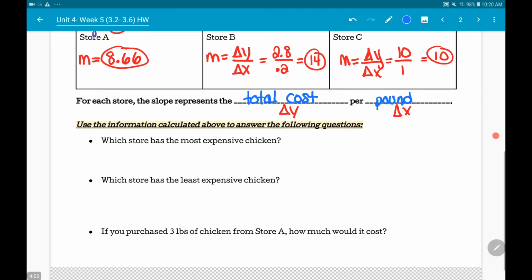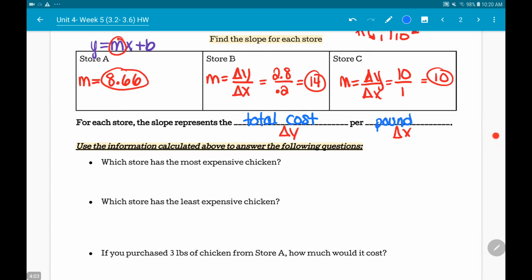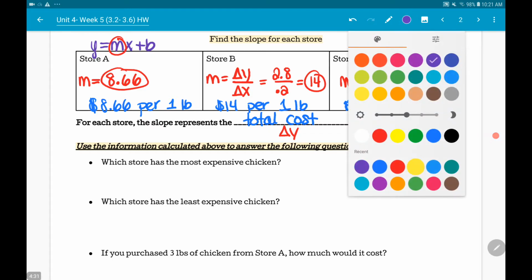All right, so now using that information, we're going to answer these questions. Which store had the most expensive chicken? Now remember, this represents the cost per pound, so let's write that in context. So that's $8.66 per 1 pound of chicken. This one is $14 per 1 pound. This one is $10 per 1 pound. So which chicken is the most expensive?